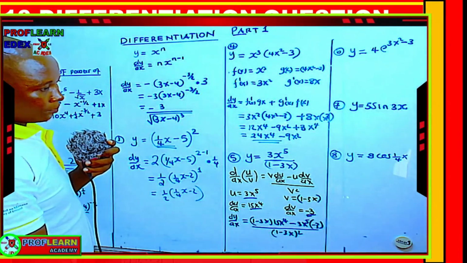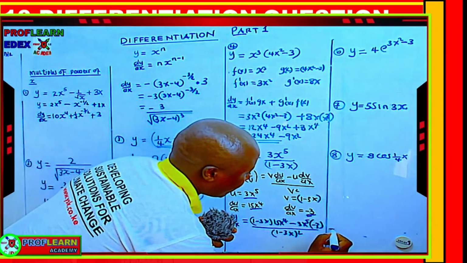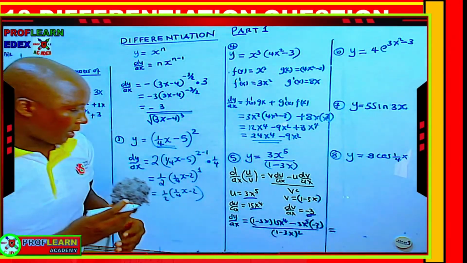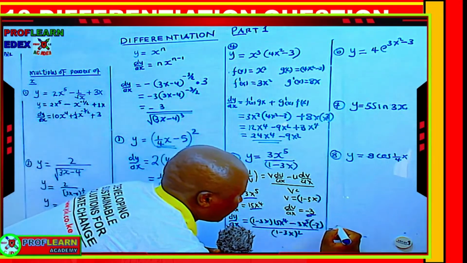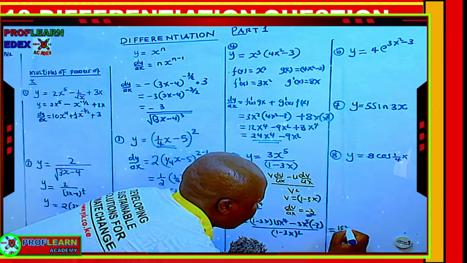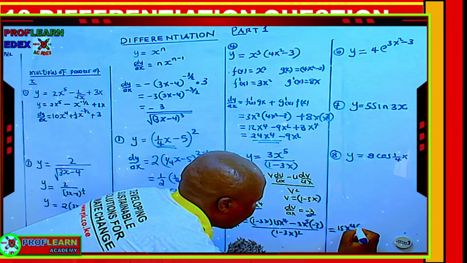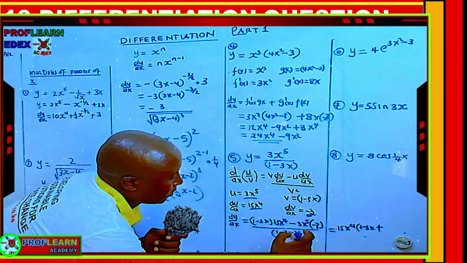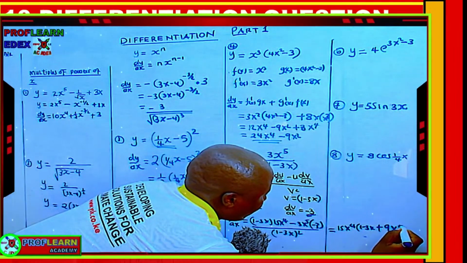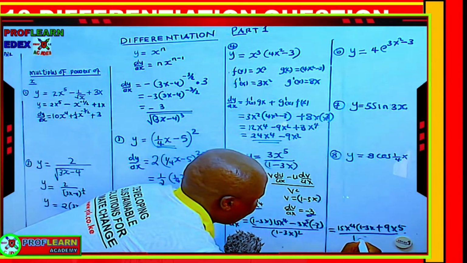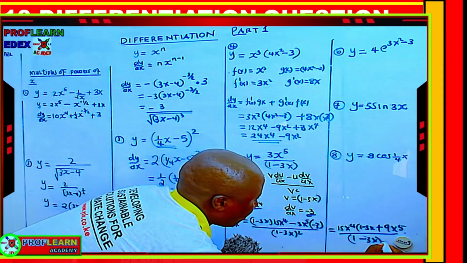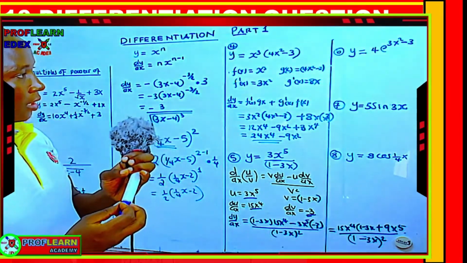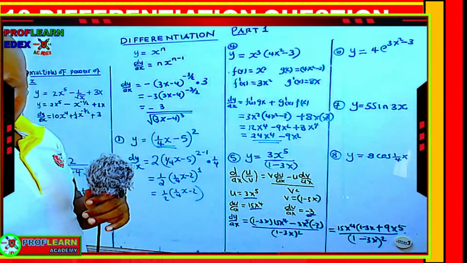We can simplify this further. I can just write it as 15x power 4 into 1 minus 3x, minus, now it will be plus, because minus will become 9x power 5, divide by 1 minus 3x raised to power 2. So that is what I can simplify it up to. I can now leave it at that point.